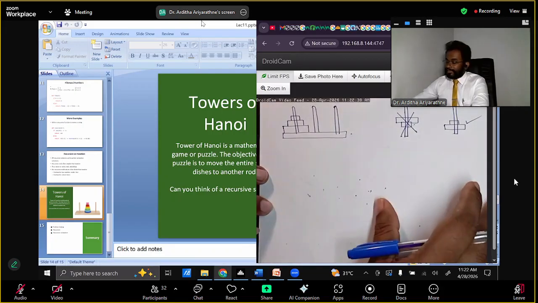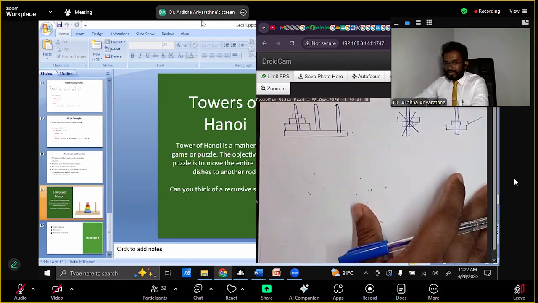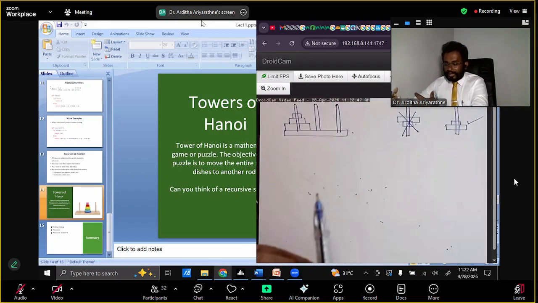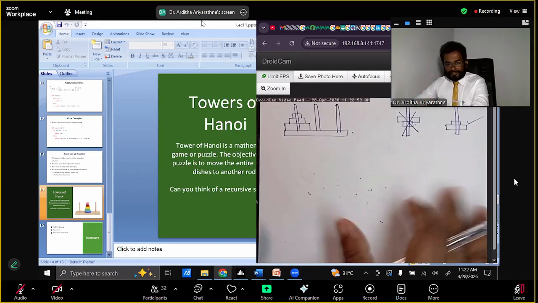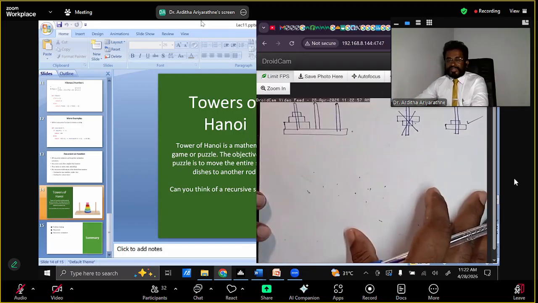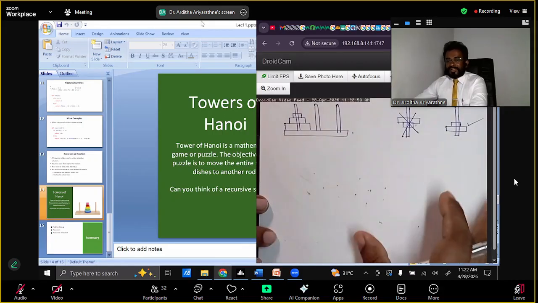Right. Now I am going to explain how to do this, because I just want to give you this idea. But you have to think how to do this by using recursion. That is your part. First of all, I have to introduce this game for you, how to solve this game.